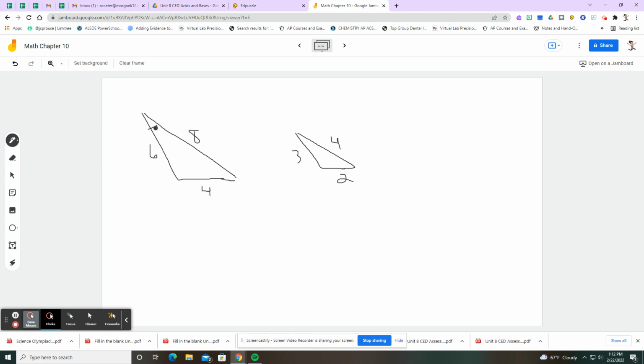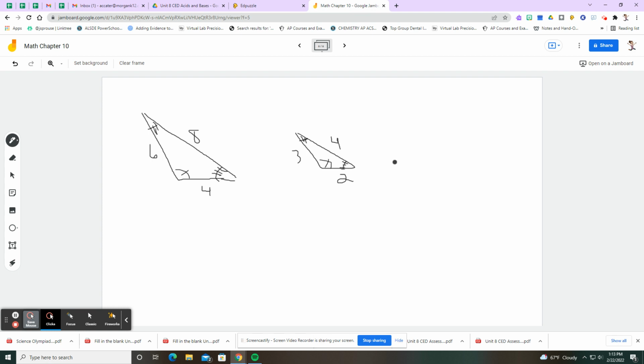And you see these weird little abbreviations. So the little angle thing with 2 slashes in it means that those two angles are the same angle. And this one with 1 means that those two angles are the same angle. And this one with 3 means that these two angles are the same angle.